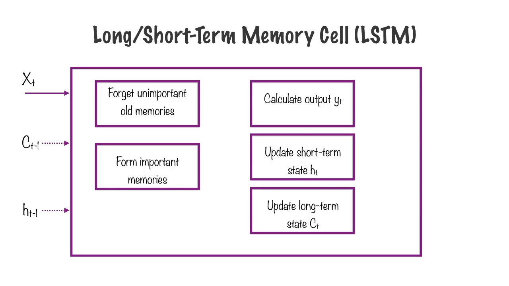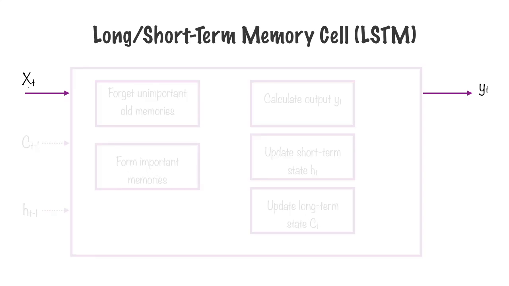There are components which help you forget unimportant old memories, form important new memories, update long term and short term memory state, and calculate the output y of t, that is, the output y at the current time instance. If you forget about the innards of the LSTM cell, the inputs to the cell and the outputs from the cell should be very familiar to you. There is no change here.